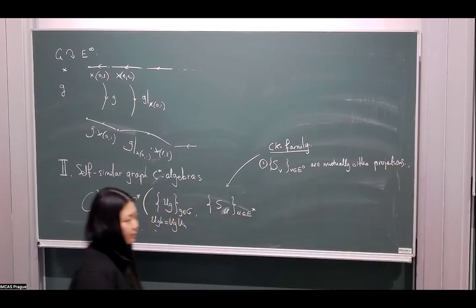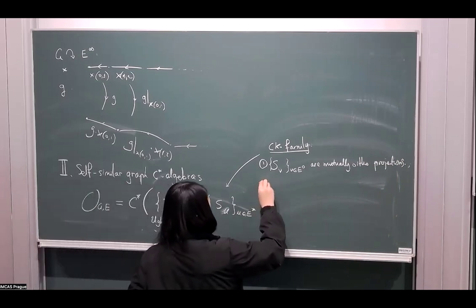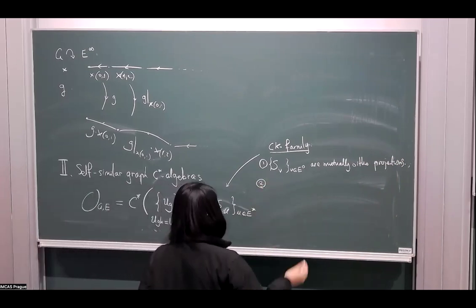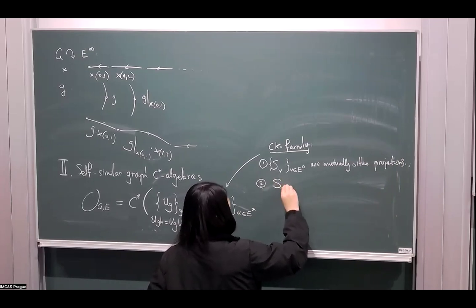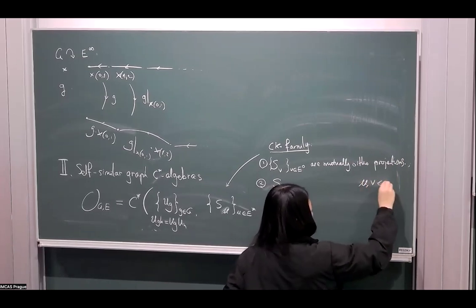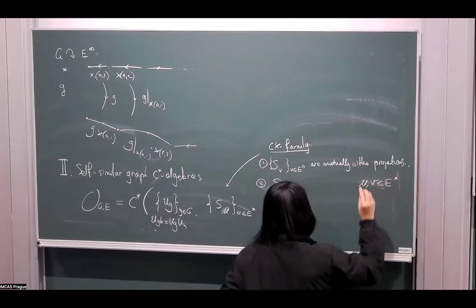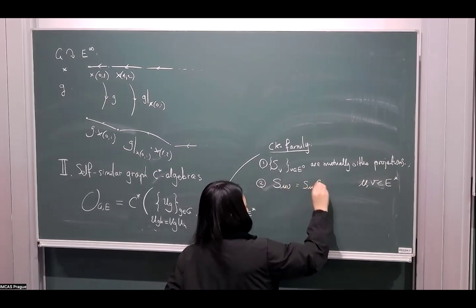These vertices kind of partition your Hilbert space into several parts. And so if you have two concatenable finite paths, mu and nu, then S_{mu nu} is equal to S_mu S_nu.